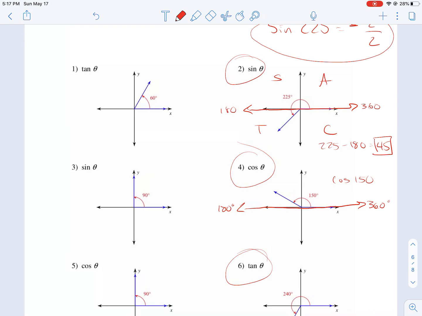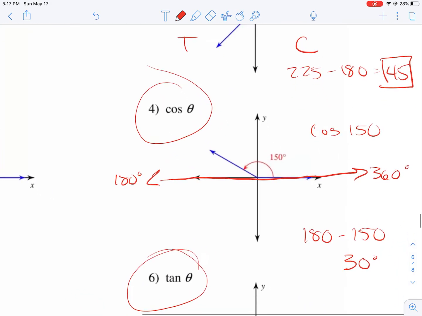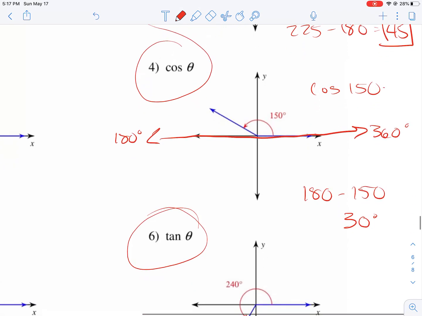Obviously we're closer to 180, so 180 minus 150. So the reference angle for the cosine of 150 degrees is 30 degrees. The cosine of 30 degrees, if you remember, is square root 3 over 2.